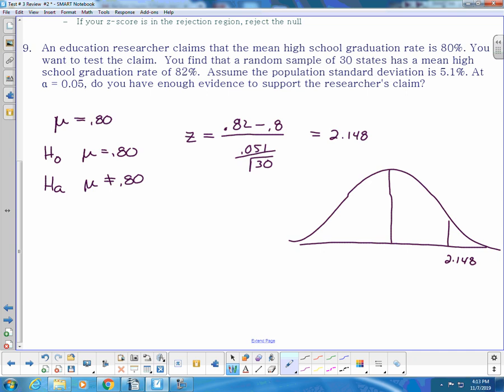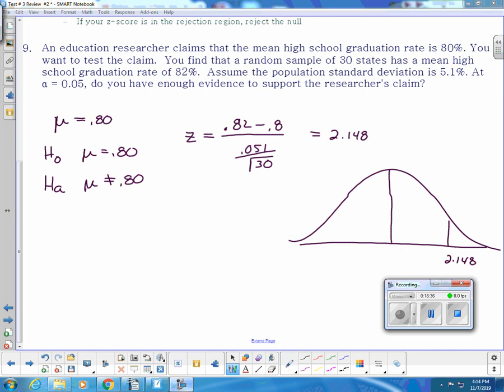I'm going to do the region thing first. So my critical value, I'm at 5%. And again, on my z-score chart, it's a right tail test. So the top 5% is 95% confidence. So that's 1.96.